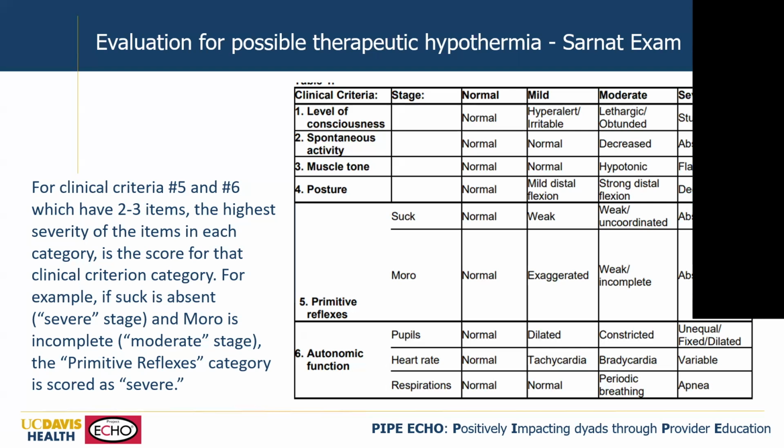So if a Moro is incomplete because one arm does the right thing, but the other arm is flaccid, we need to utilize the other categories to help us. That's one of the things that I commonly see that makes it challenging to assess Moro. Clavicular fracture, humeral fracture on occasion, and then brachial plexus injury. Obviously, those babies were quite stuck.